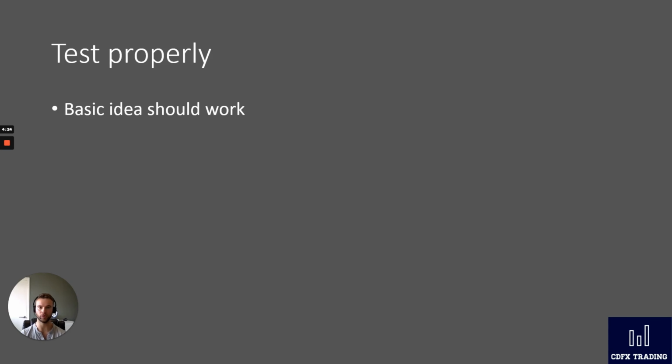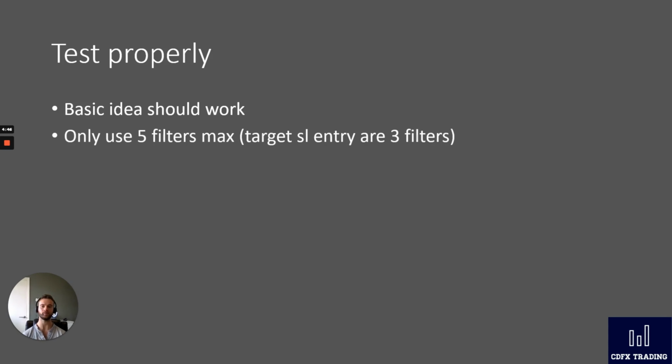Doesn't mean it performs perfectly, doesn't mean it doesn't have drawdowns. It means that if you test your basic idea, it should perform and it should provide some form of results. If you need to optimize before a strategy works, the basic idea is probably not good, and the strategy itself is probably not good and not worth pursuing. So keep that in mind.